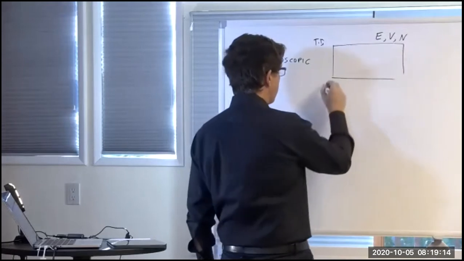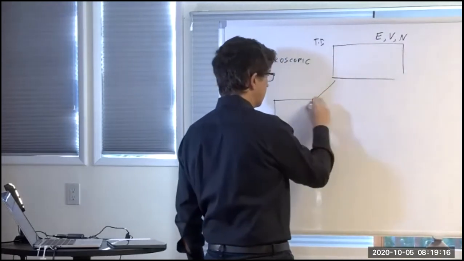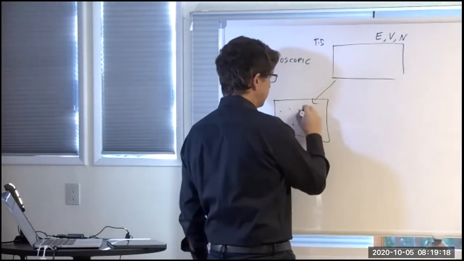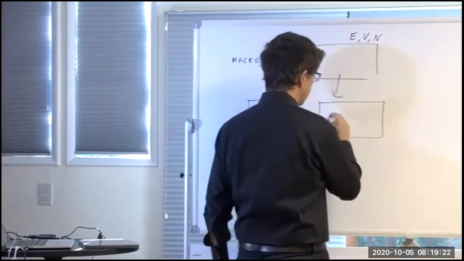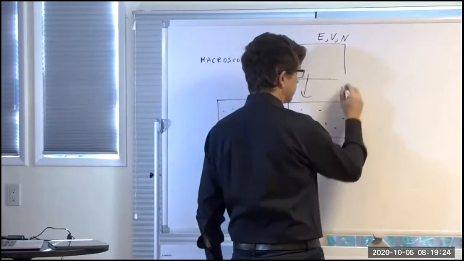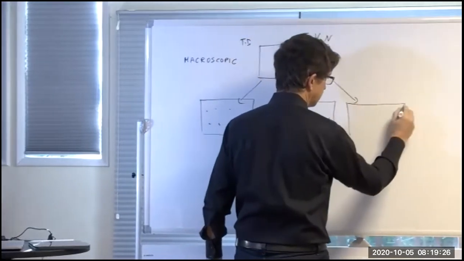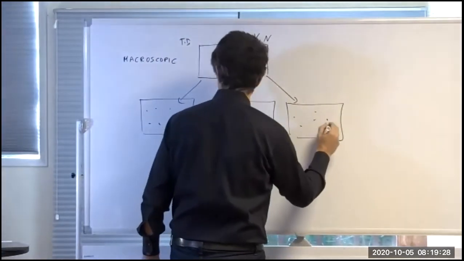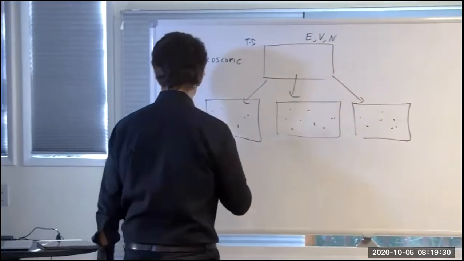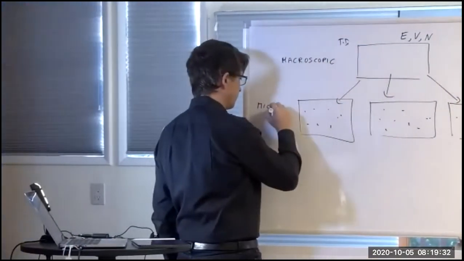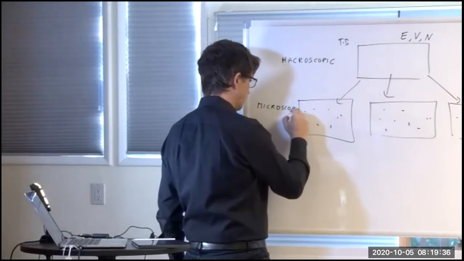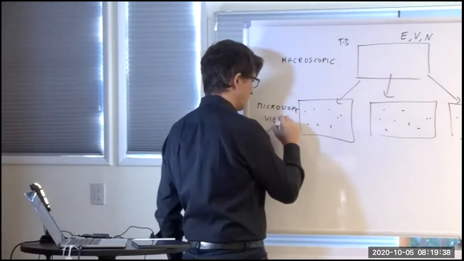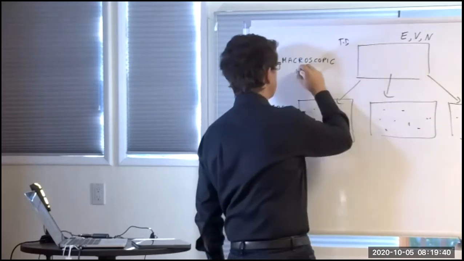So microscopically, that system fluctuates through many different microscopic states. So this is the microscopic view. This is the macroscopic view.